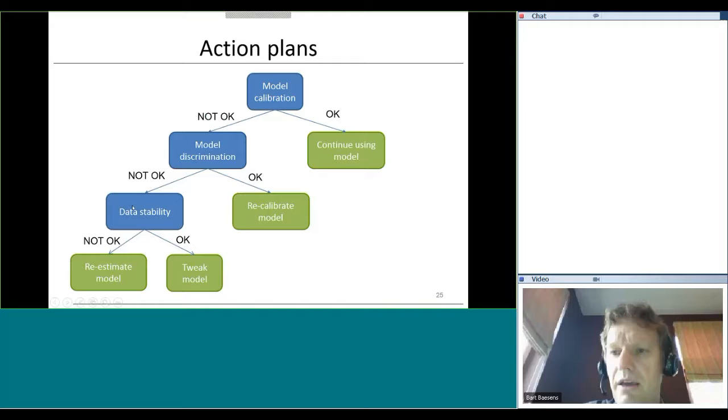If the model discrimination is not okay, we have to go down to the deepest level into our model architecture and verify data stability. If this is still okay, I can look for model tweaks, although I have to admit that this is not that easy, and usually it will boil down to a complete re-estimation of the model, as you can see right here.